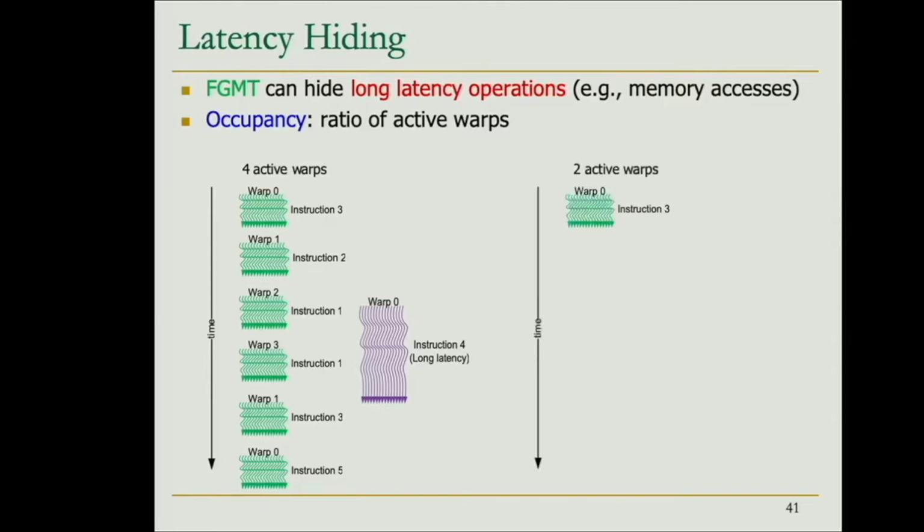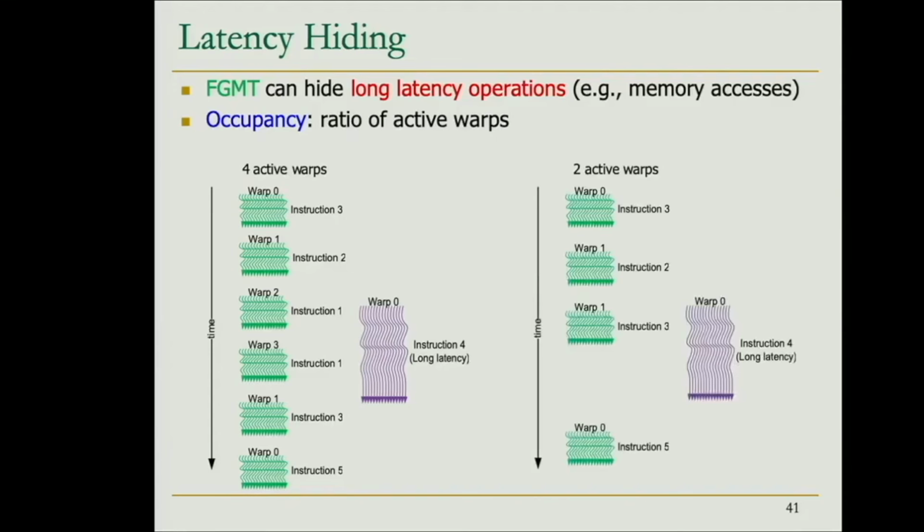What might happen if we only have 2 active warps in this toy architecture is that at some point we have this instruction 4, and then, in the beginning, we can continue with the execution of instruction 3 for warp 1, but then instruction 1 also needs to access memory, so we will have all this gap that we cannot hide.